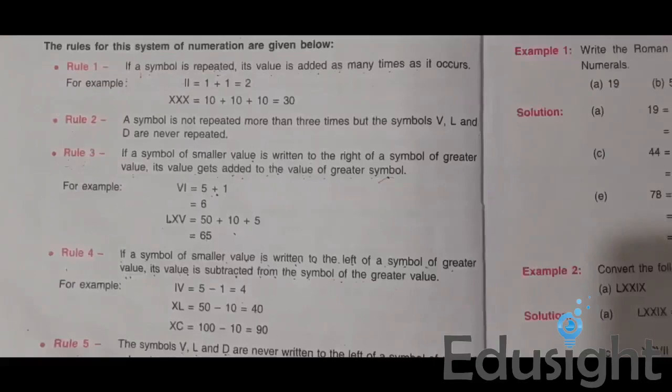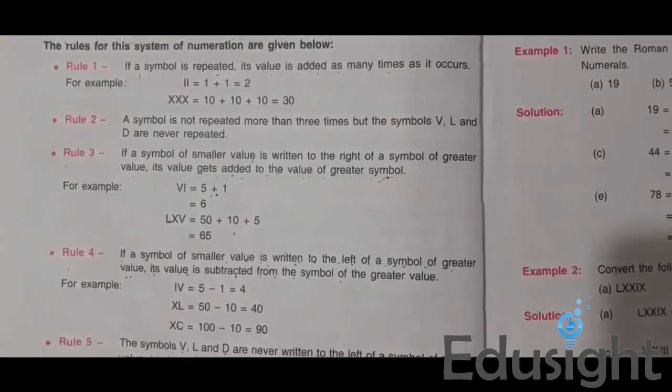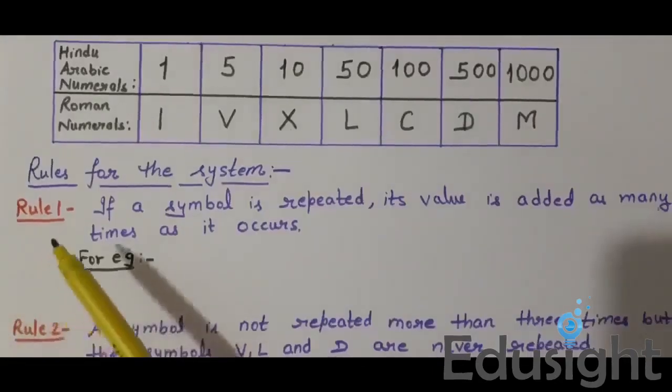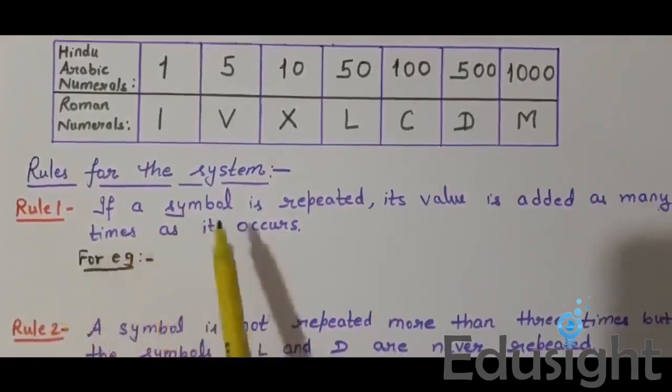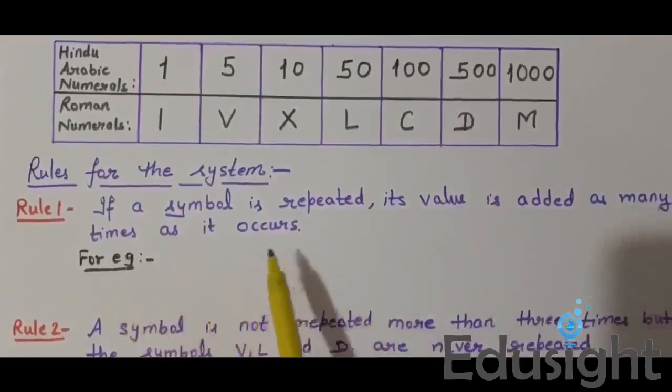Children, we have some rules to write a number in Roman numerals. These are 5 rules. We will discuss them one by one. Rule number 1: if a symbol is repeated, its value is added as many times as it occurs.